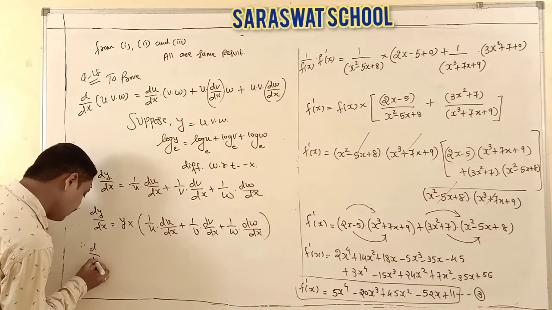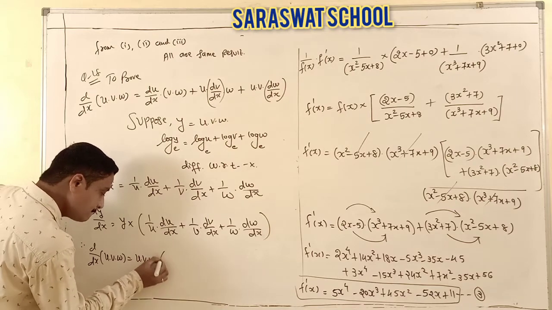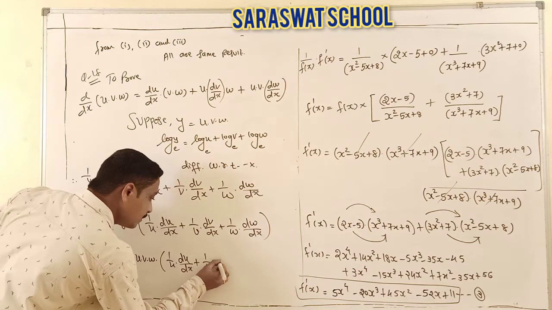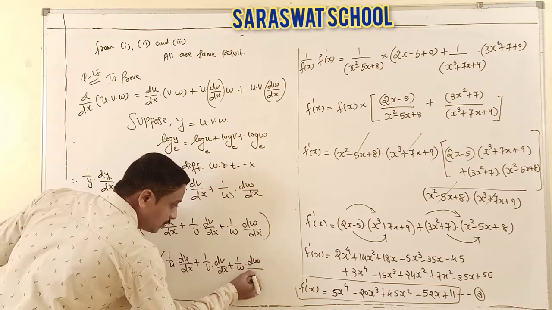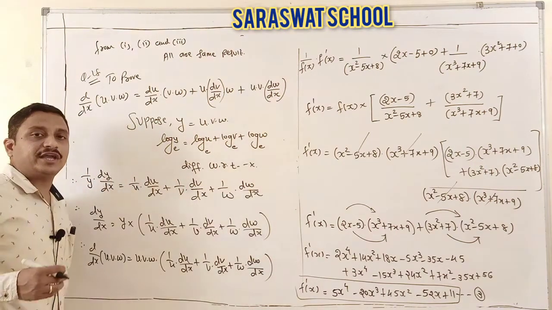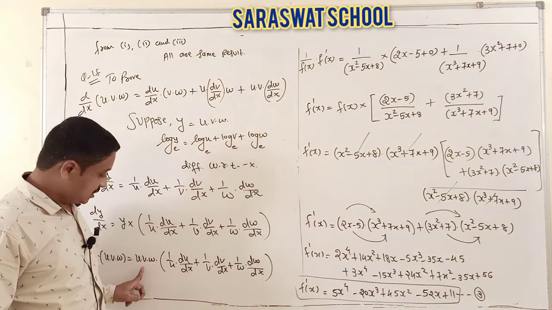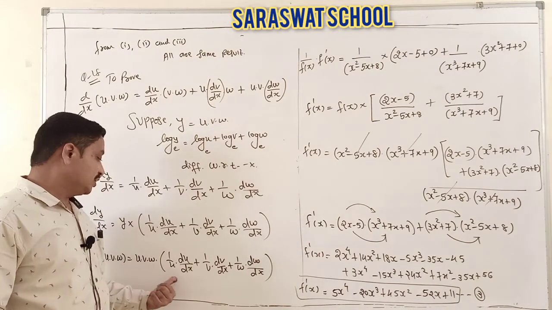So d/dx of u v w equals u v w times 1/u du/dx and the other same, 1/v dv/dx, and 1/w dw/dx. Finally students, this u v w multiplied inside, surely you get this equation because u and u cancel.